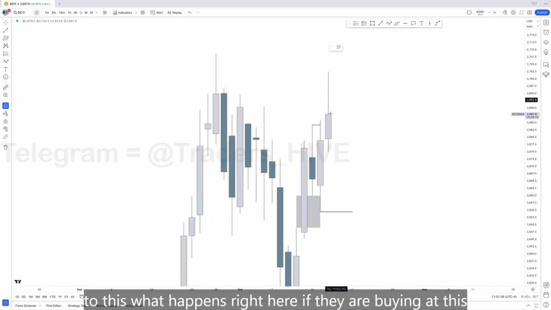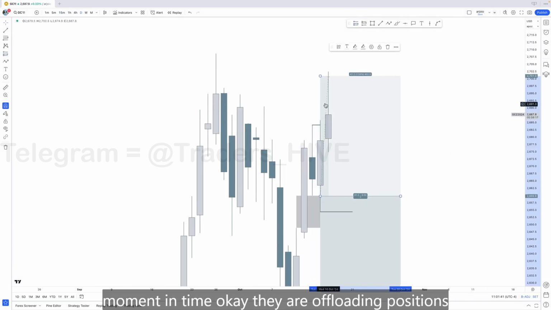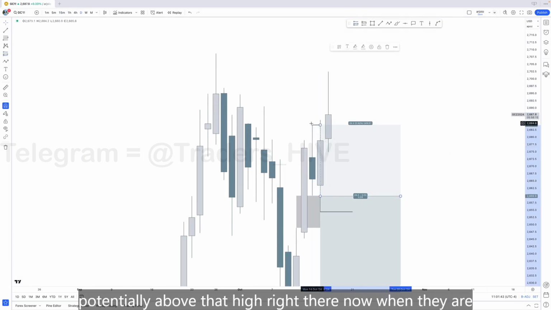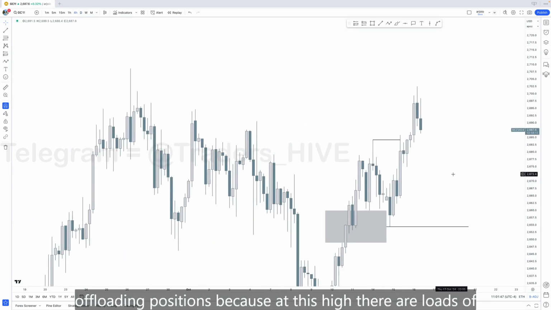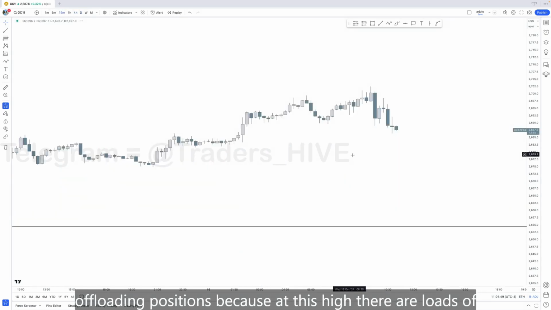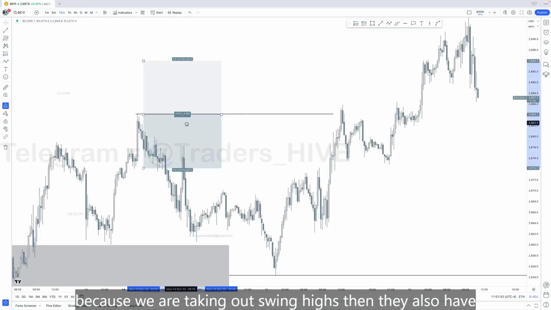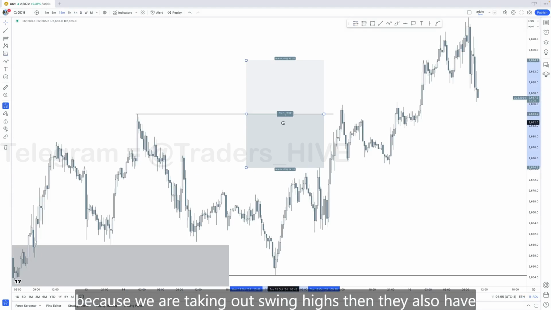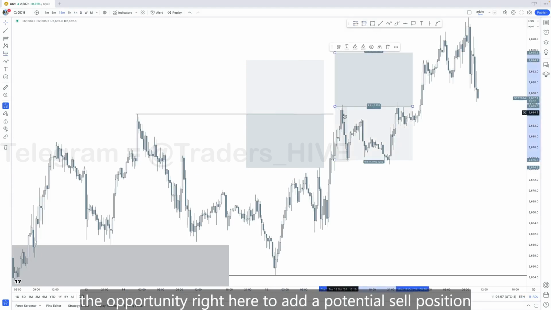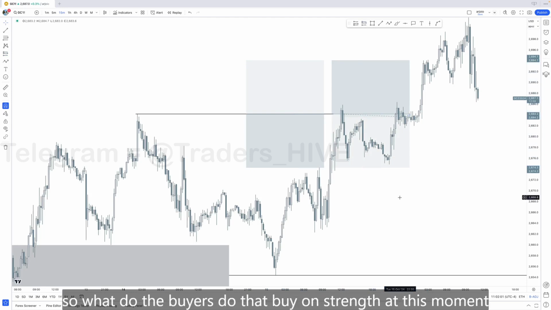If they are buying at this moment in time, okay, then they are offloading positions potentially above that high right there. Now, when they are offloading positions, because at this high, there are loads of new willing buyers right here because the market is strong, because we are taking out swing highs, then they also have the opportunity right here to add a potential sell position.